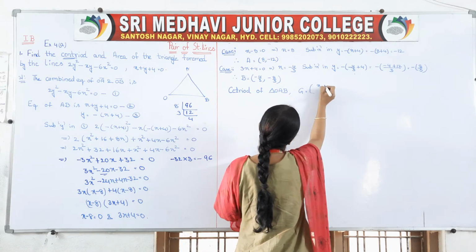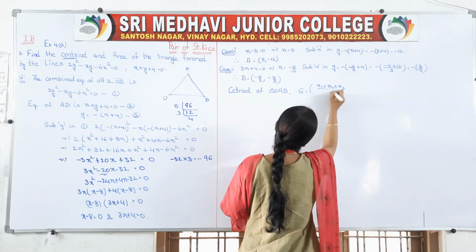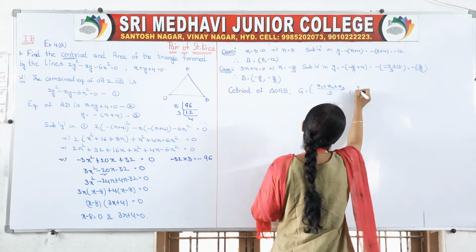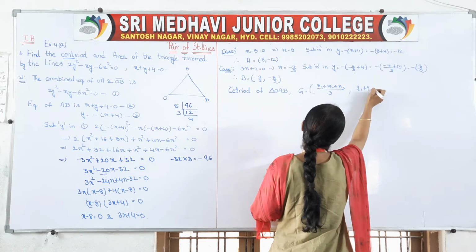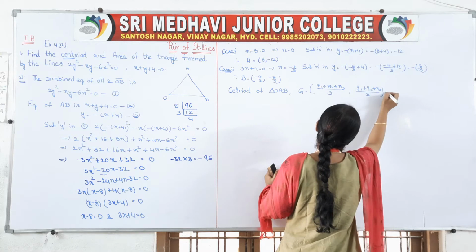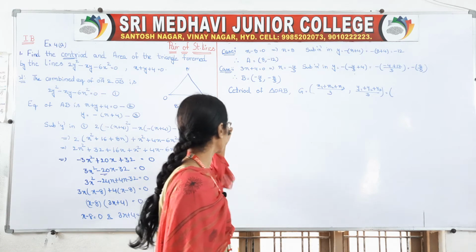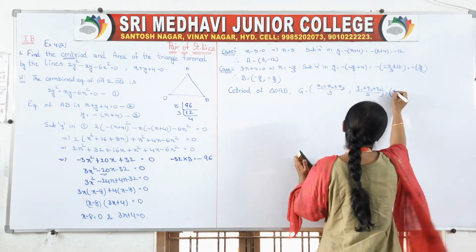It is (x1 plus x2 plus x3) by 3, comma (y1 plus y2 plus y3) by 3. So it is equal to x1 plus x2 plus x3, 8.